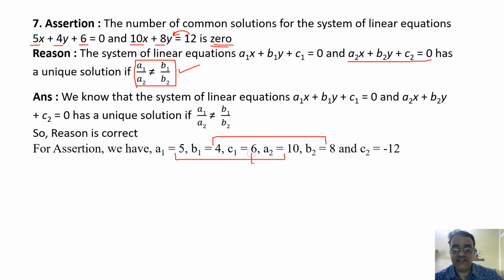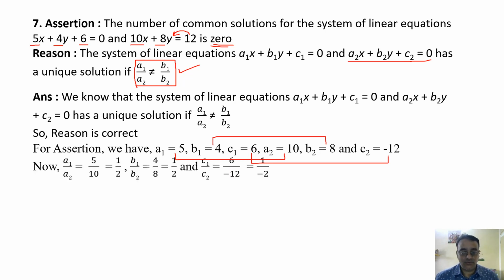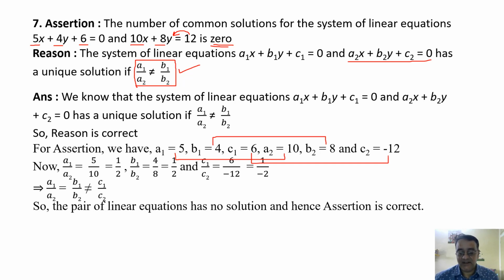And the last one c1 by c2. 6 by 12. So it will become 1 upon 2. So what we are observing that a1 upon a2 is equals to b1 upon b2 but not equals to c1 upon c2. So the pair of linear equations has no solution. Hence the assertion is correct. क्योंकि कोई भी common solution नहीं बोल रहा है. Right? So reason is also correct. Assertion is also correct.